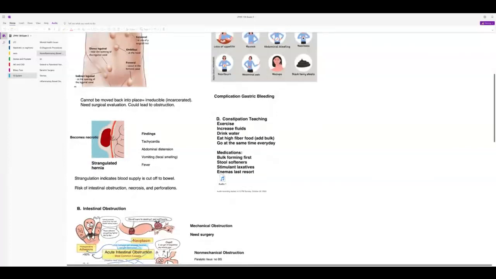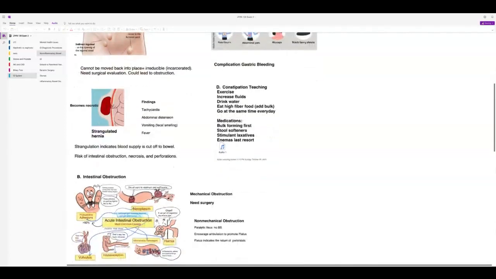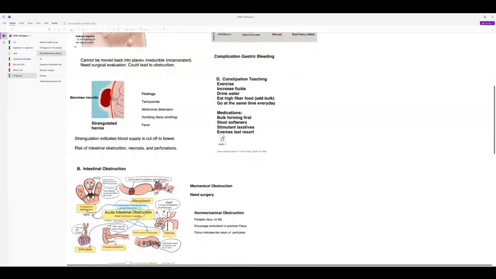If somebody ruptures their bowel, all that fecal matter is going to go in the abdominal cavity and they can get peritonitis and die. So this is very important that you are able to recognize this early.